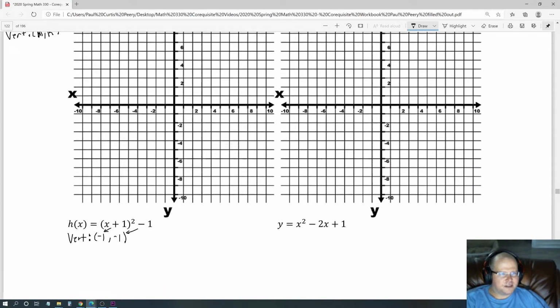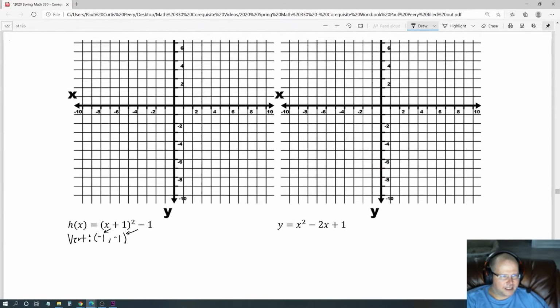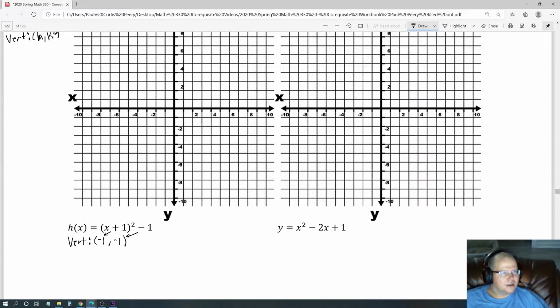Now they want the intercepts. Okay, well, this is a little more complicated. Let's say we want to find the x-intercept. That means we're going to set y equal to 0. So we have 0 equals (x plus 1) squared minus 1, which is 0 equals x squared plus 2x plus 1 minus 1.